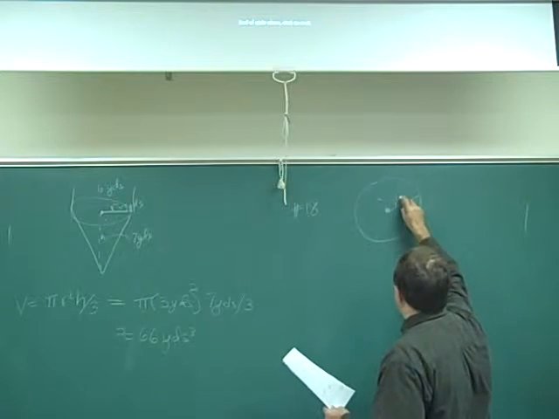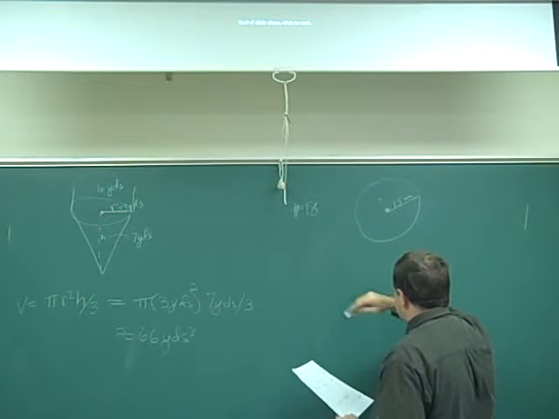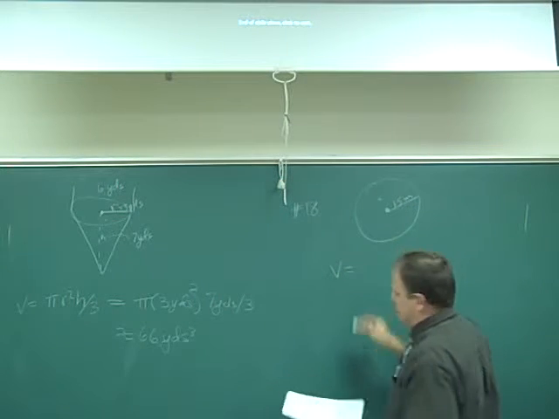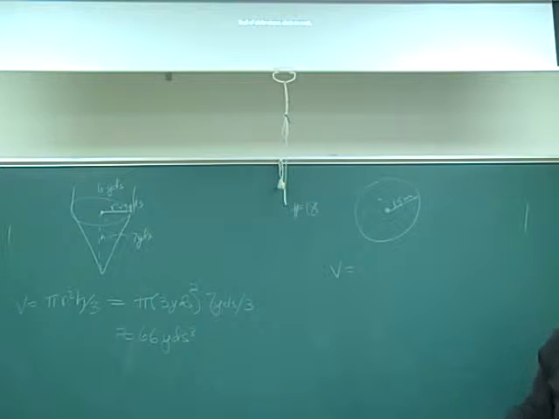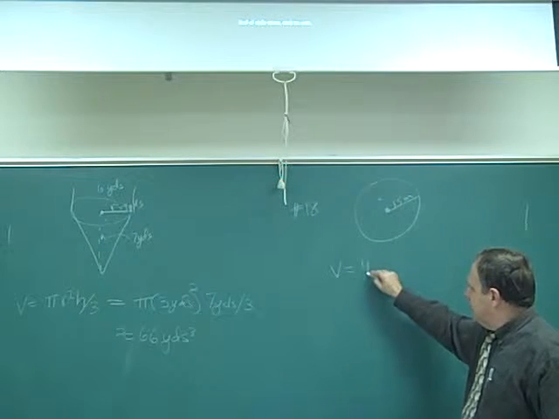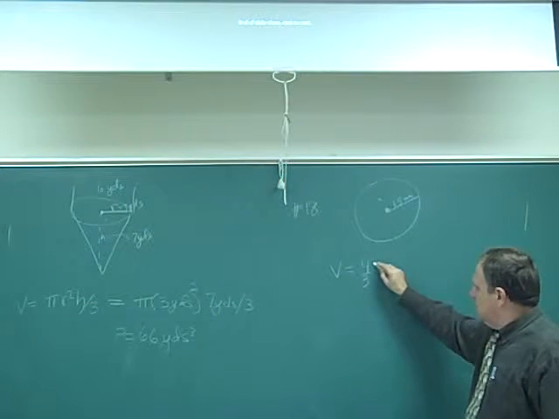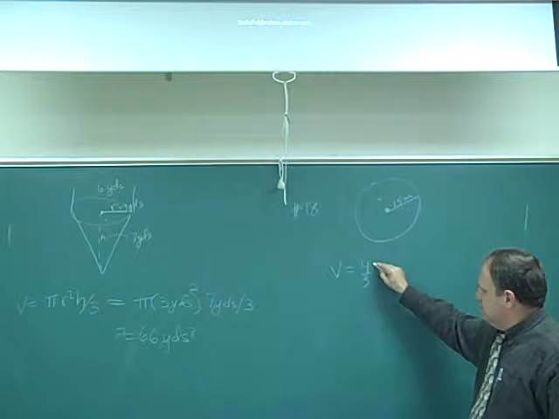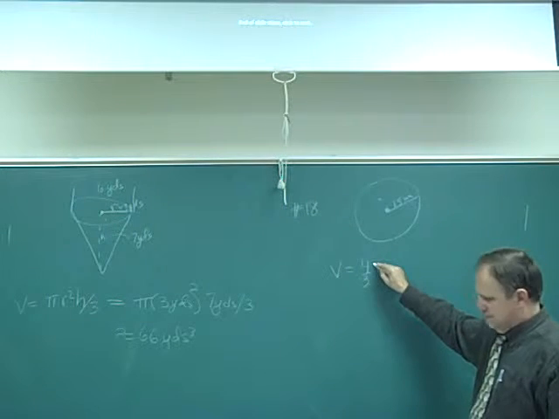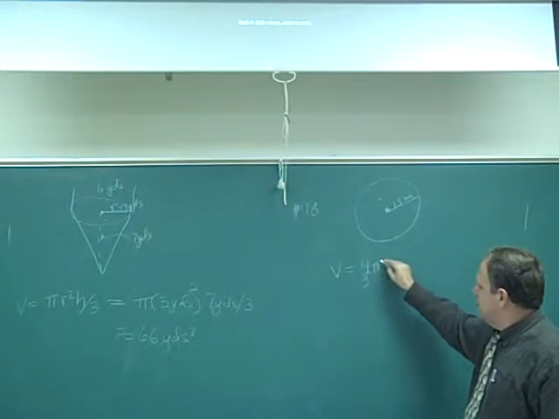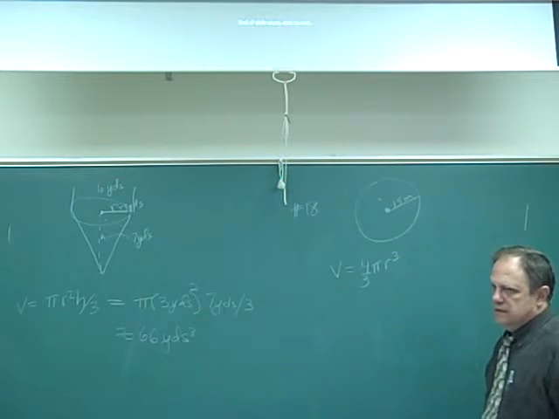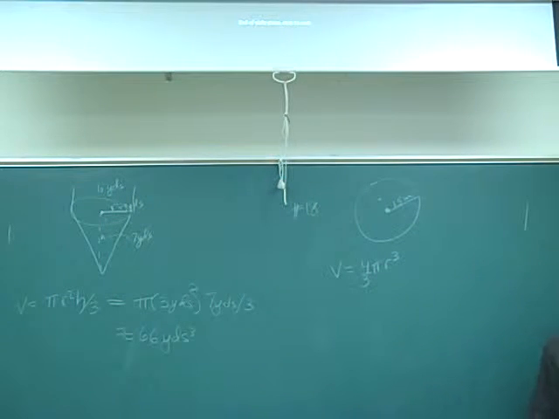And we have 15 meters, right? So the volume we said is 4 over 3, and then what comes next? Pi r cubed. Good. Pi r cubed, right? Not squared.